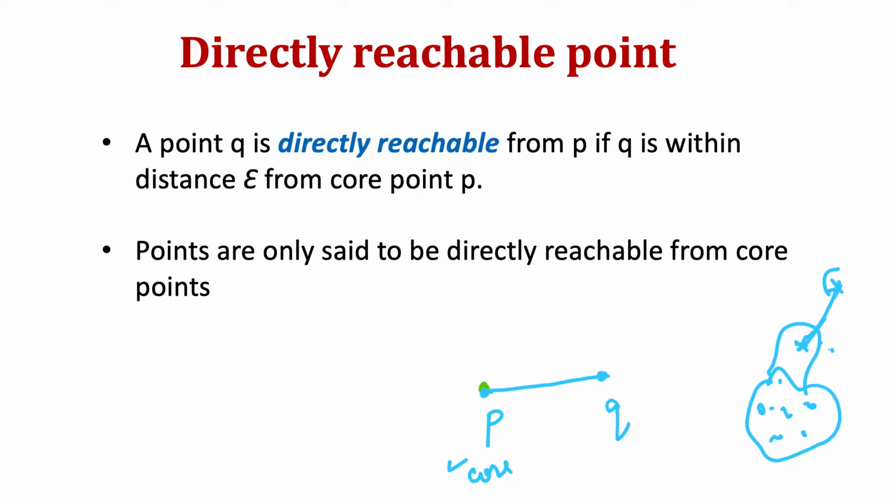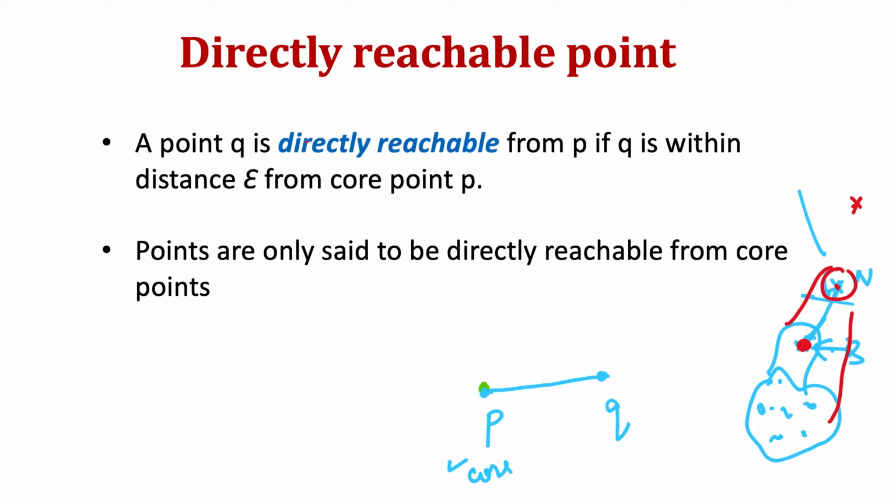So if this is a border point, and this point is just connected to this border point, it will not be part of the cluster. It will be noise or maybe part of some other cluster. But if this point was a core point, and this point is just connected to this core point, then this point will become a border point and be included in this cluster, but it cannot further extend the cluster.